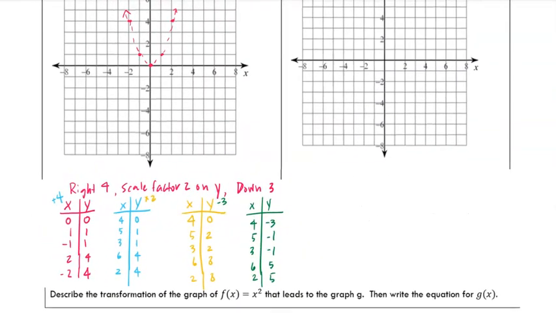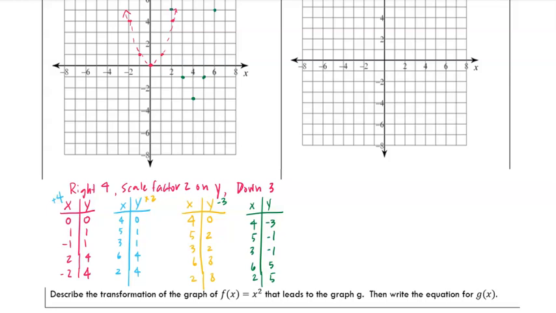Okay, so I take those points: 4, negative 3, and 5, negative 1, 3, negative 1, 6, 5, and 2, 5.